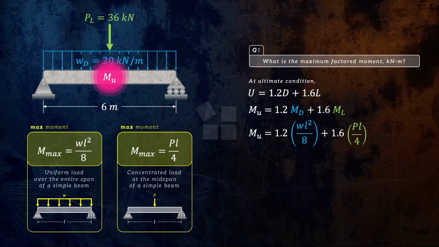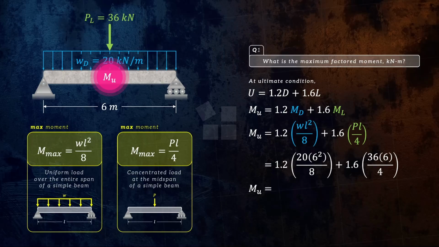Using the given values, Mu would be 1.2 of w given as 20 times L squared, which would be 6 squared over 8, plus 1.6 of P given as 36 times L being 6 over 4. Solving for Mu, we would have a value equal to 194.4 kilonewton meter. And this is the final answer for the first question.